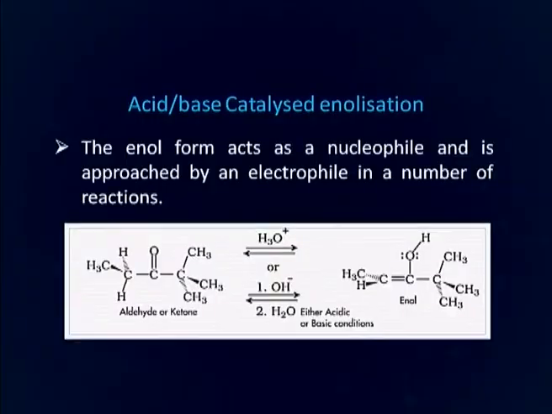The transfer of a proton from alpha carbon to carbonyl oxygen can either be done by acid catalysis or by base catalysis. The enol form acts as nucleophile and is approached by an electrophile in a number of reactions. Here you can see this is the keto form which is converted into enolic form either in presence of acid or in presence of base.